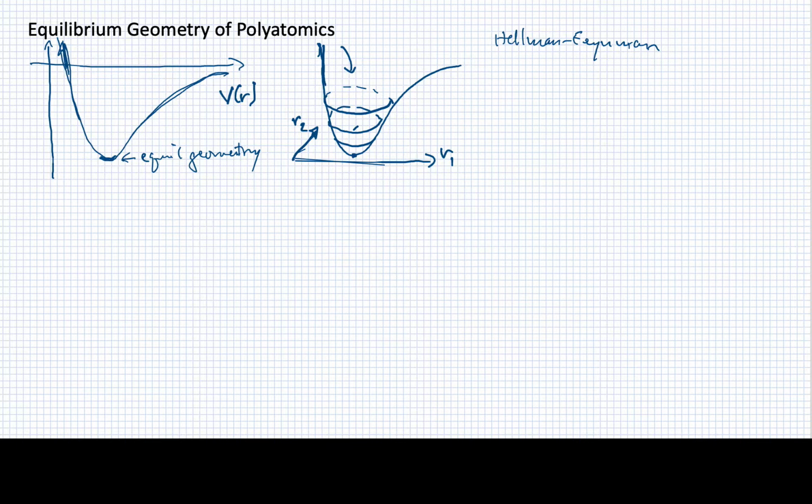If we want to find the minimum of a potential surface, we can calculate for any given coordinates of the nuclei what the electronic energy is at that point. So this basically tells us what the electronic energy is at the point R1, R2 in this particular example.